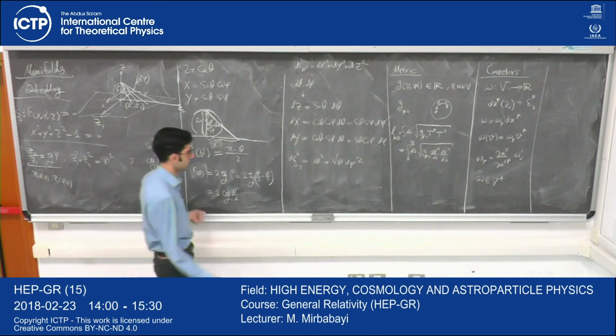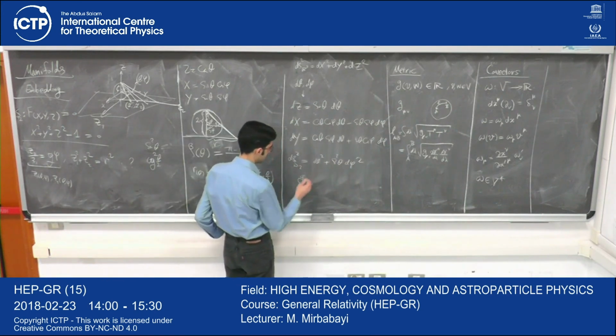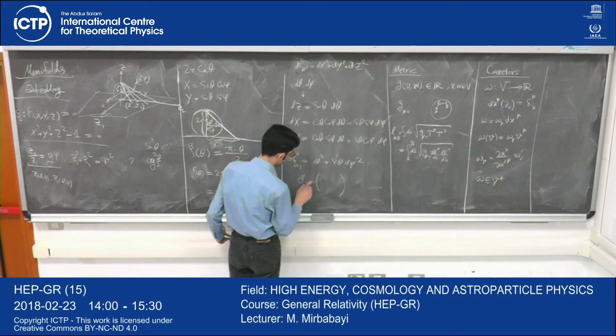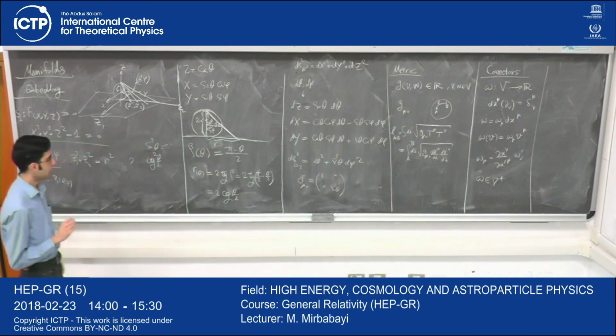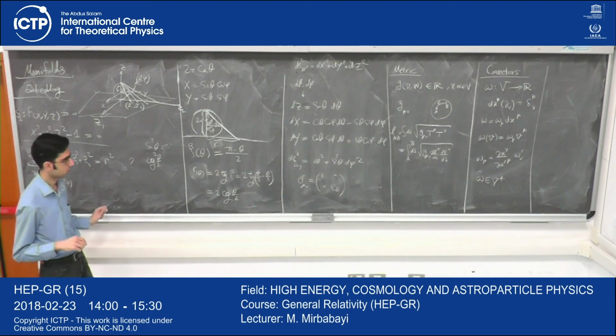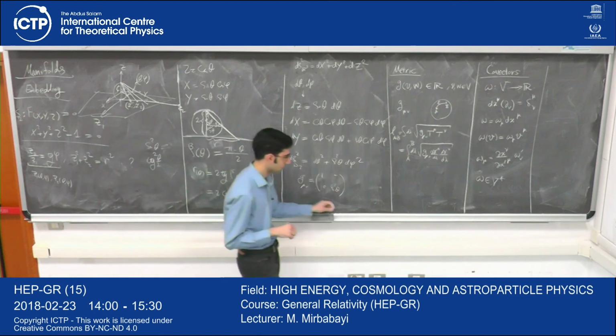So this defines my metric in this theta phi coordinate system to be a 2 by 2 matrix: 1 and sine squared theta on the diagonal, 0, 0 off the diagonal. Now we have a different coordinate system, this z coordinate system. g is a tensor. One can ask what is the metric in this new coordinate system, which is left to you as an exercise.